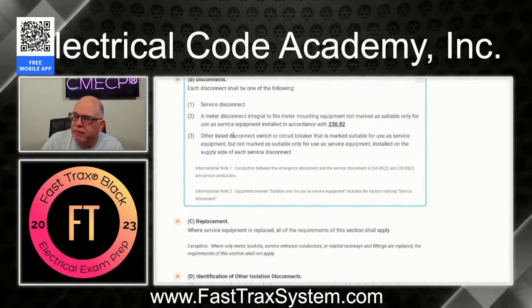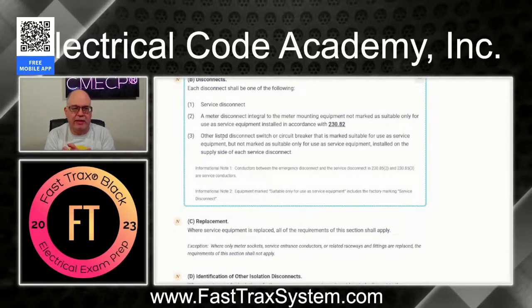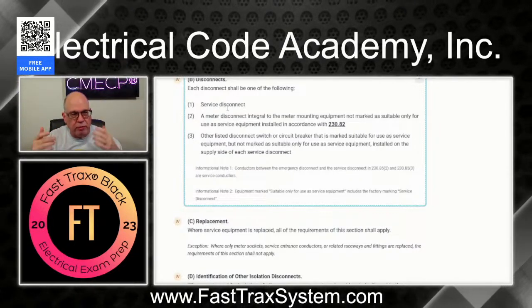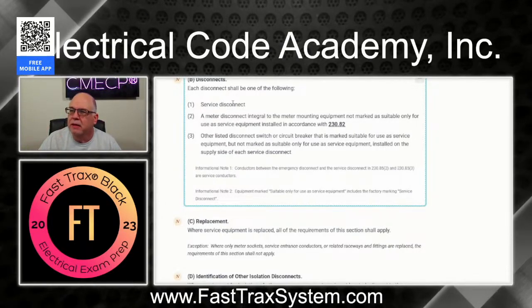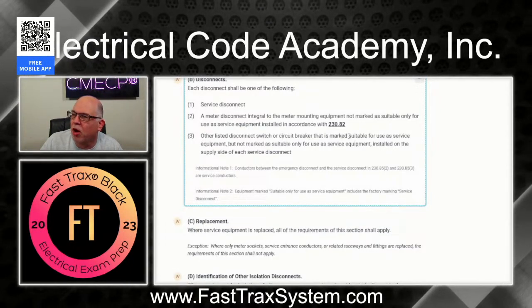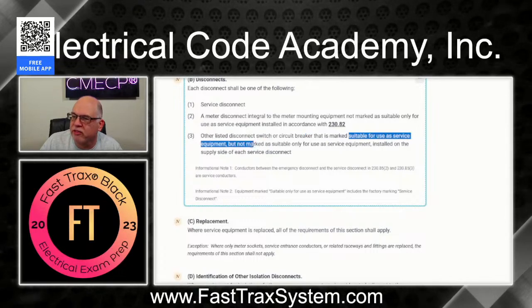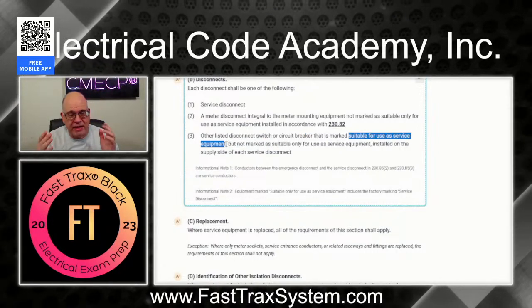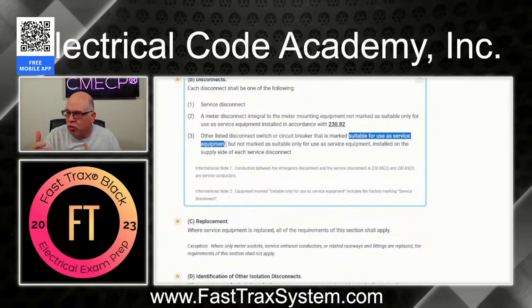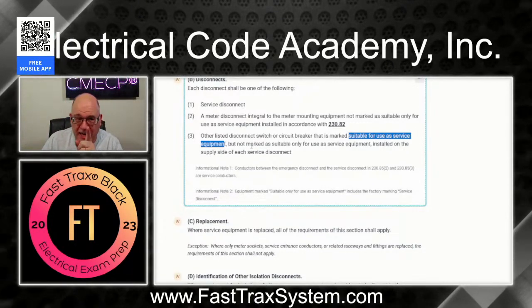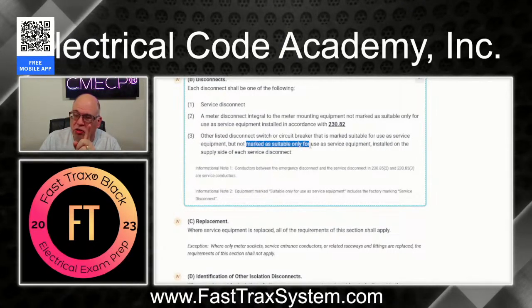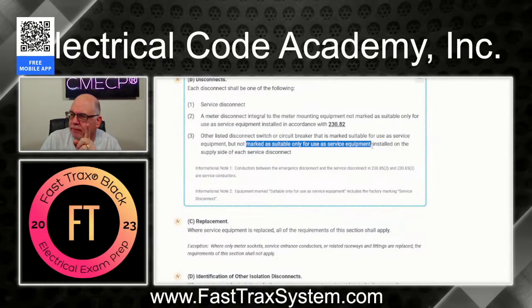Now, the next one is, to me, the most costly. I'm going with that service disconnect like I showed you. It's $173. I'm going with that. There are other listed disconnect switches, circuit breakers that are marked suitable for use as service equipment, so it has to have that marked in it, and most of them will, even a lot of those safety switches will, that say it's suitable for use. But it cannot be marked as only suitable for use as service equipment, okay?